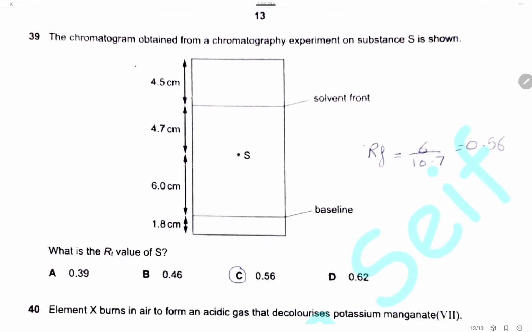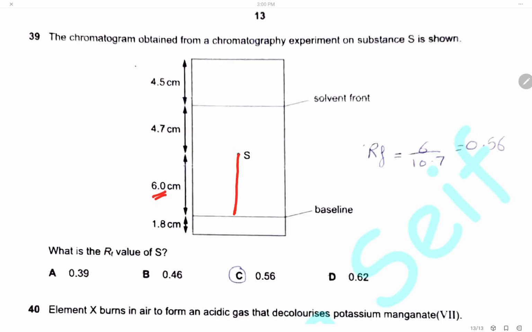Question 39. The chromatogram obtained from a chromatography experiment for a substance S is shown. What is the Rf value of S? Here we have S, so we will first determine the distance moved by the spot S from the baseline to the spot.